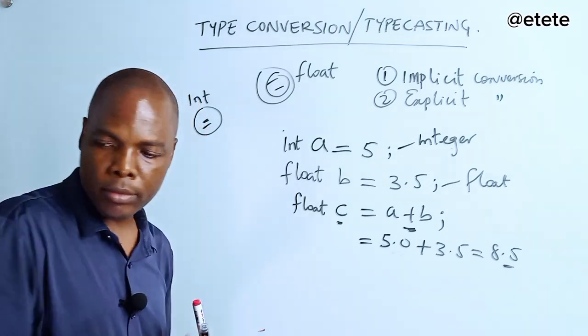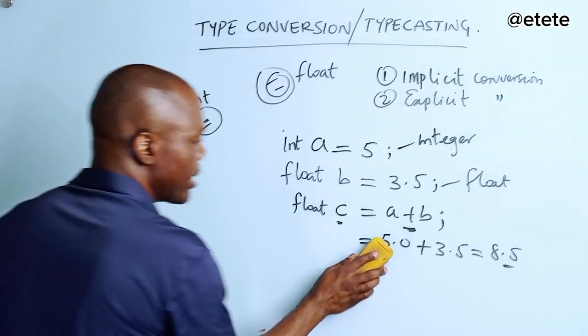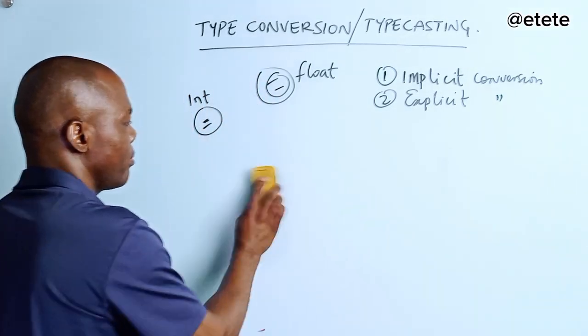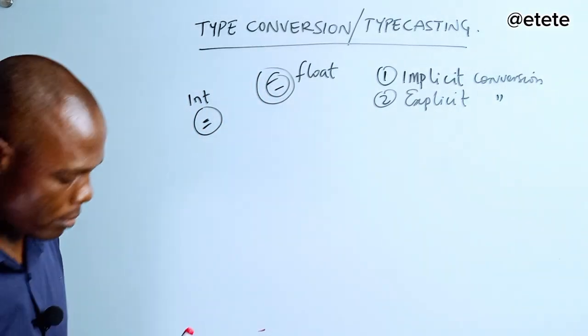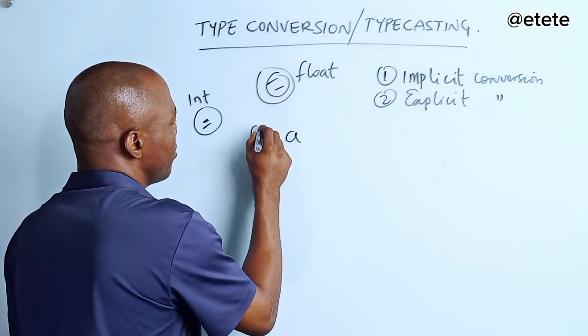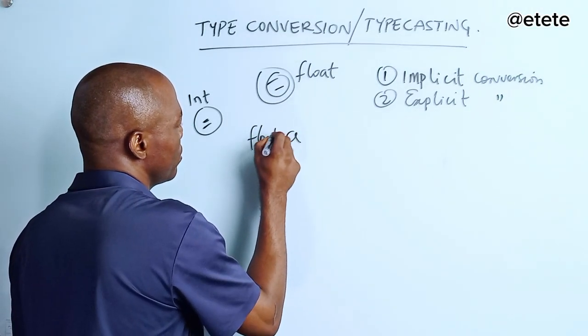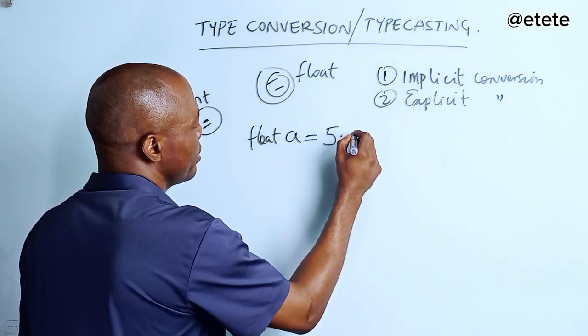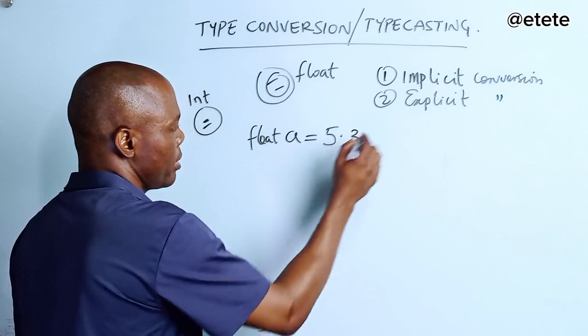Let's say, in that case, I do something like this. I say float a, and then I assign 5.3 to it.